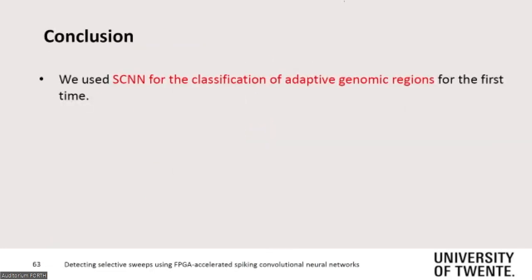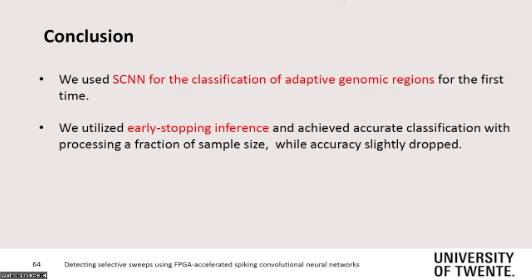Okay, now we go to the conclusion. To the best of our knowledge, it's the first time that we use SCN for classification of adaptive genomic regions. We utilize early stopping inference, and we could achieve accurate classification while only processing fewer rows of the images.